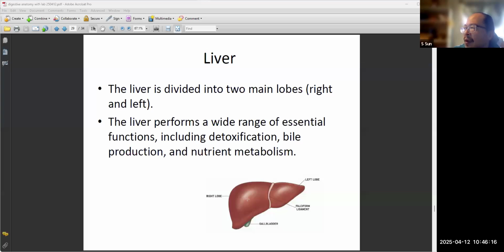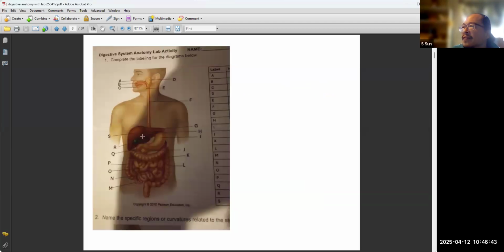We have the right lobe. This is the left lobe. And the separation right here is called the falciform ligament. So that is what you need to put in the liver labeling. So let's go back to this page. So the liver is covered.